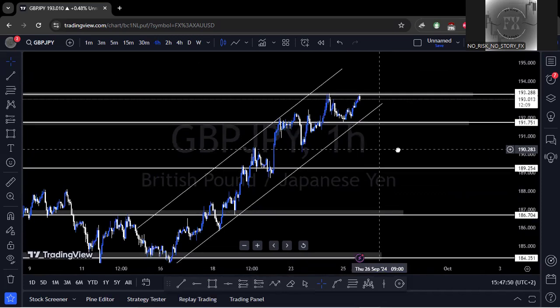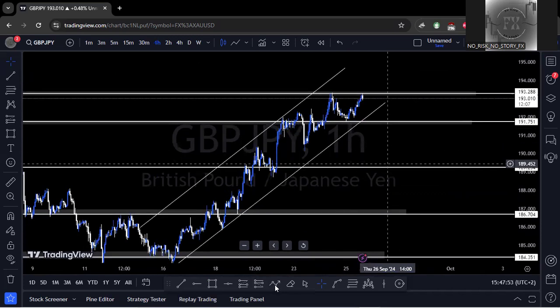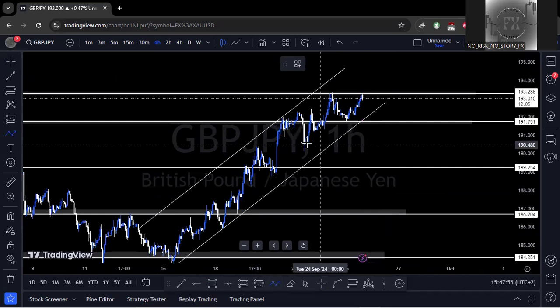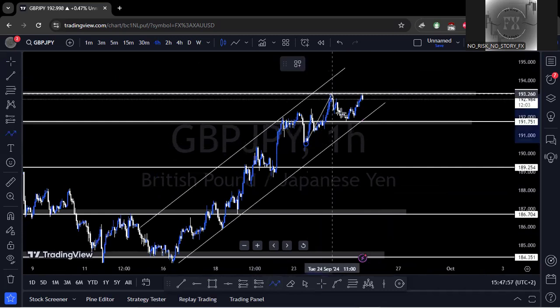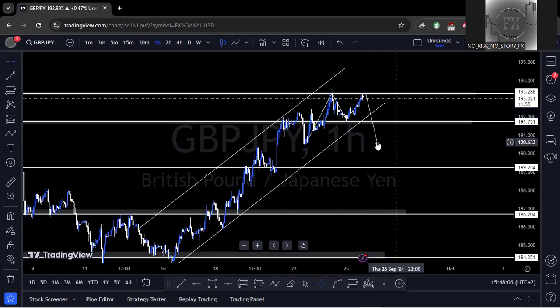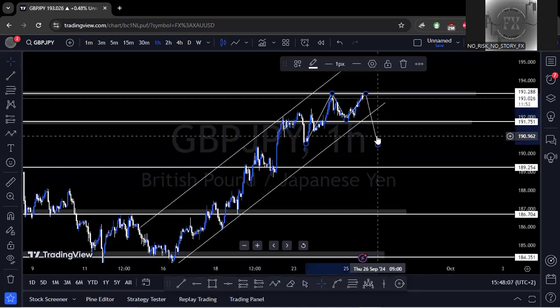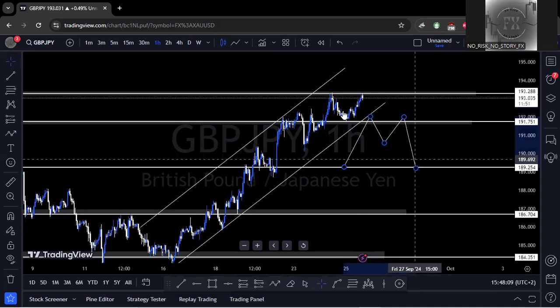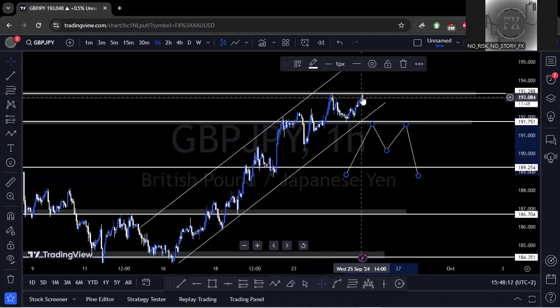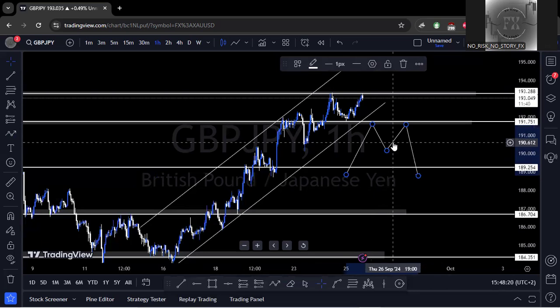Now we can see that the market is forming what we may call an M pattern, right? If it respects this area and rejects around here, then breaks here and retests, then it would be an M pattern.